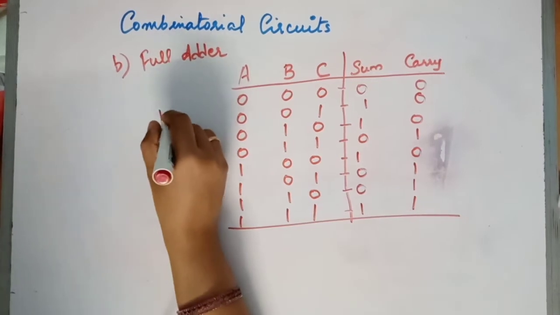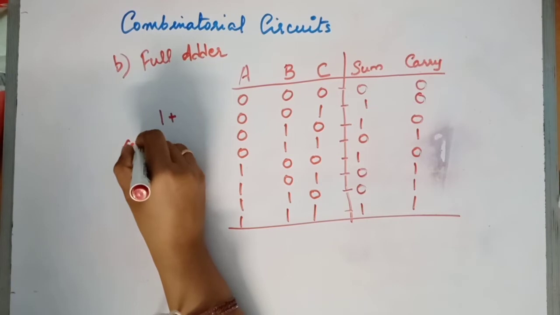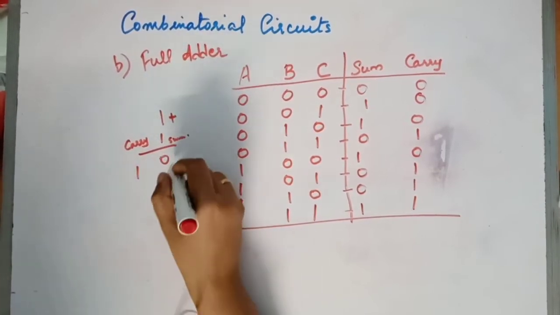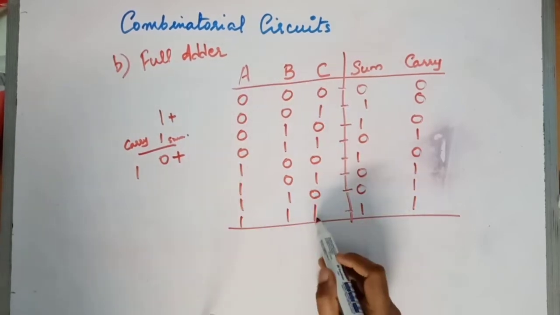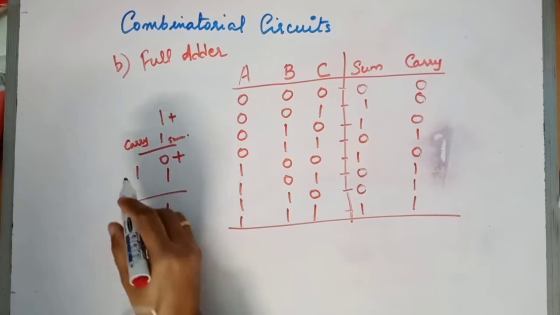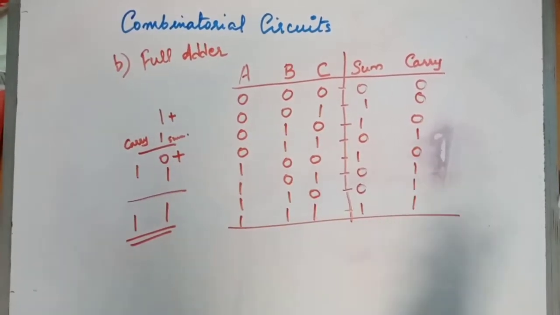That is 1 plus 1 is 0 with a carry. This is carry. This is sum. The next one, this one is added to this. So it is 1, and you have already had a carry. So that is 1, 1.